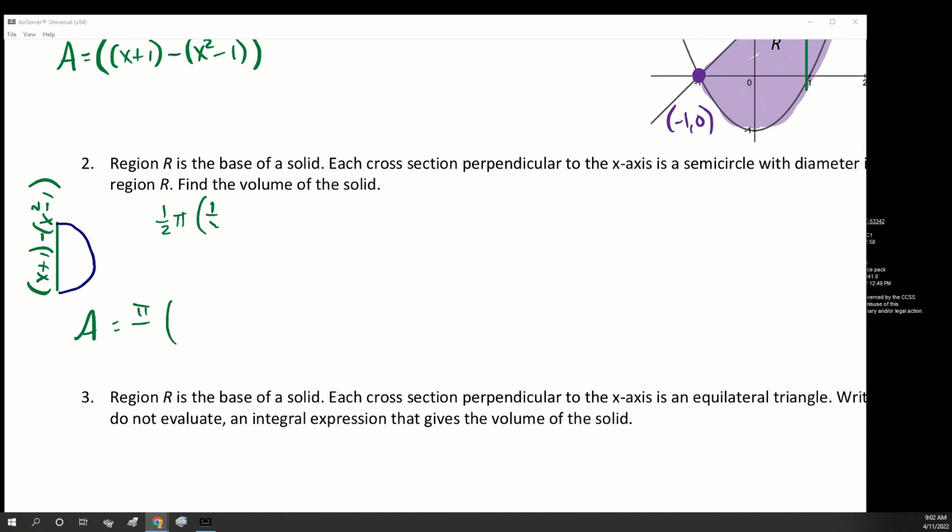Half of that. And then we would square it. So I'm definitely going to have the same thing like last time, x plus 1 minus x squared minus 1, squared.